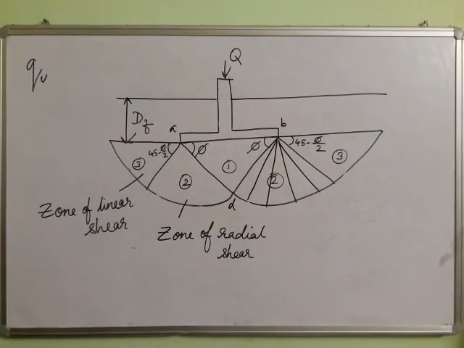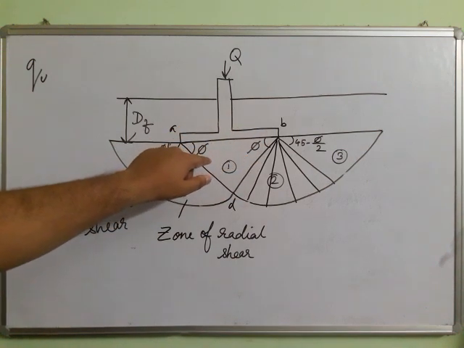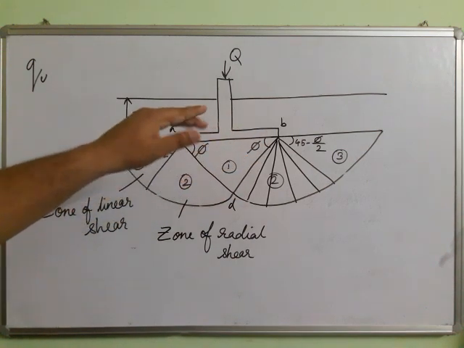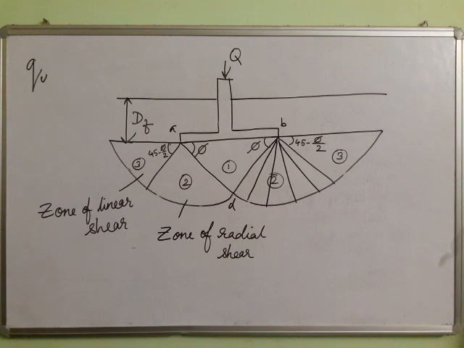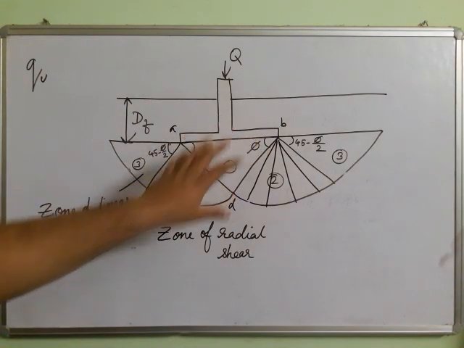That means we will be using the condition of limiting equilibrium, where the forces which are causing failure in this region will be balanced by the forces which are resisting the failure. So for that, let us go into this portion in a very detailed manner.